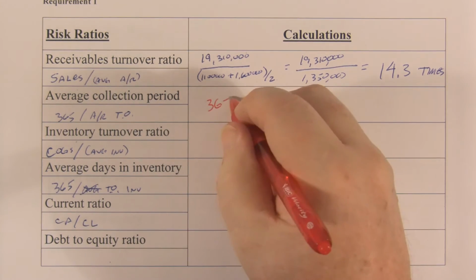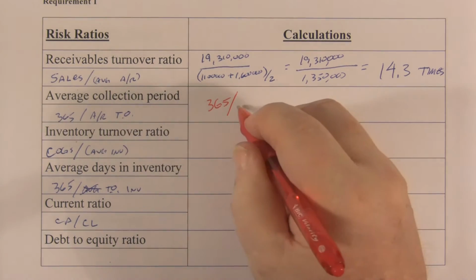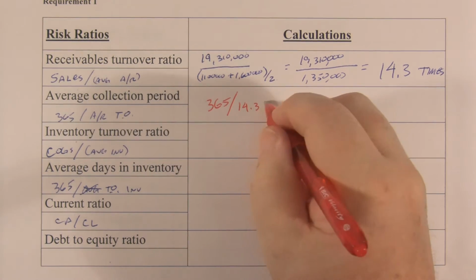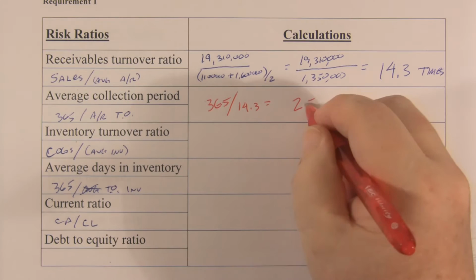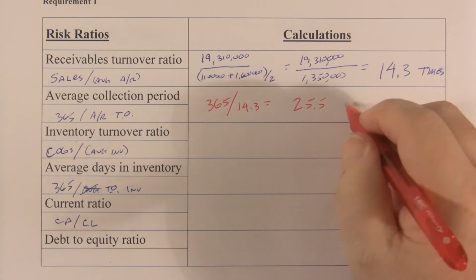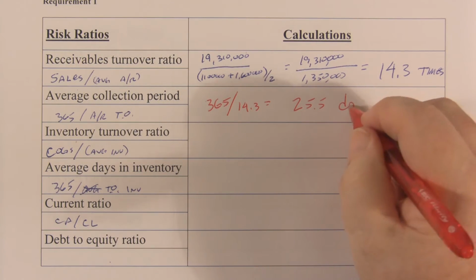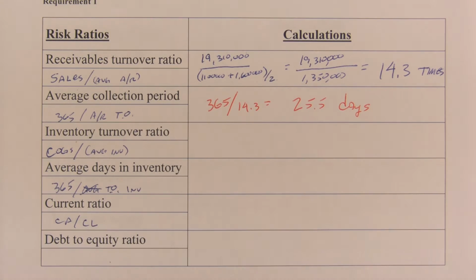Take 365 days, divide that by 14.3, you come up with 25.5 days. In other words, from the time we send a company a bill until the time we get their check back, it is, on average, about 25.5 days.